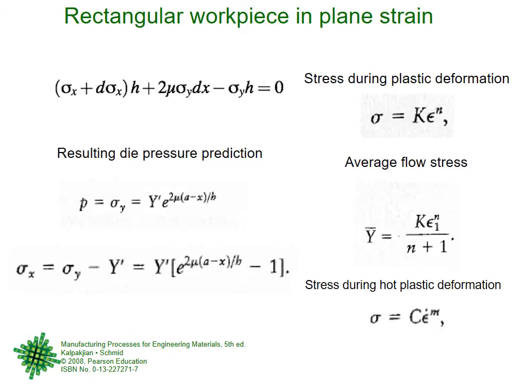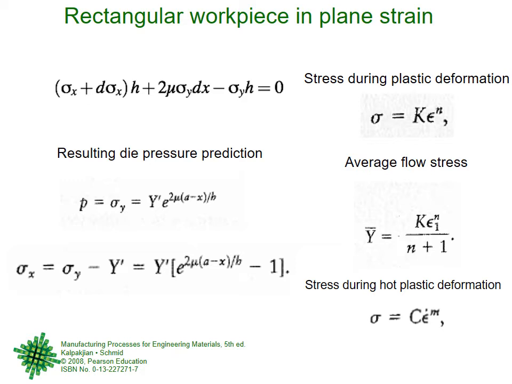So this was the page, and right now if you solve it, then the resulting die pressure equation, die pressure is sigma y, call it pressure to be correct, that is the pressure that the die is applying, but that pressure generates sigma y, isn't it? If I ask you again from your basic material science, what is the difference between pressure and stress?